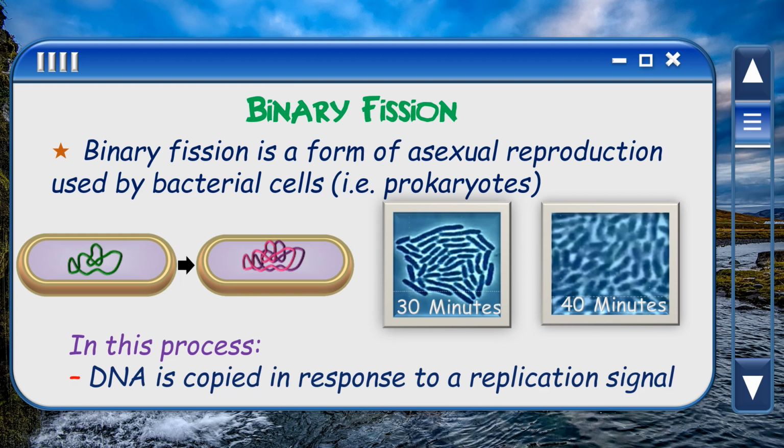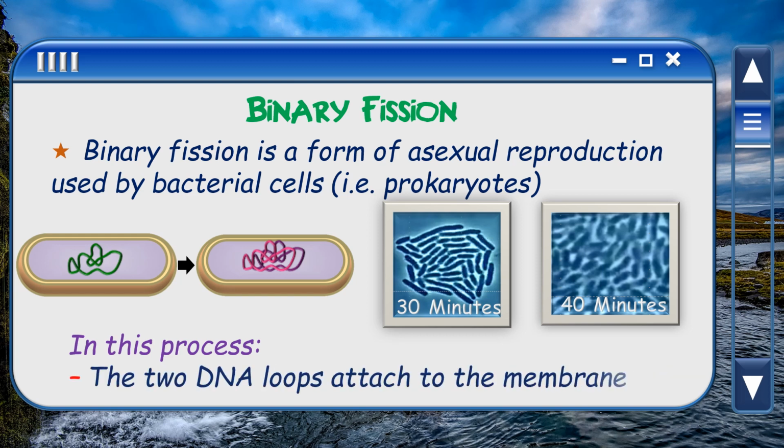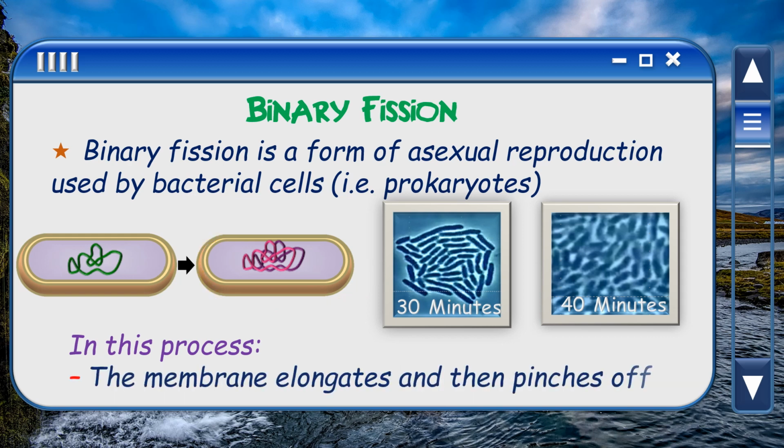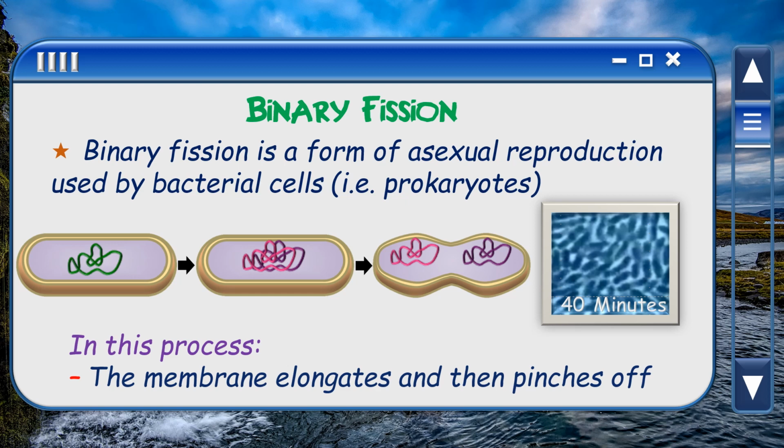What is happening here is that we are seeing the process where binary fission is taking place. Two DNA loops are attached to the membrane. Here you can see binary fission starting. Afterwards, the membrane is going to elongate and pinch off.